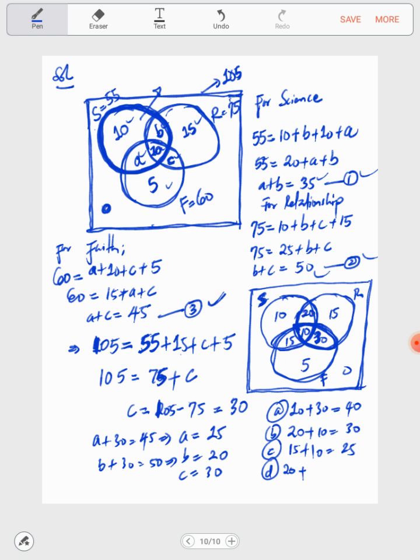Remember when I say only, it could be science and relationship talk only, or you could have relationship and faith only, that would be plus 30. Then plus the last part, science fiction and faith only, that's plus 15. That's 20 plus 30, that's 50, plus 15, that will be 65. And that answers the question.